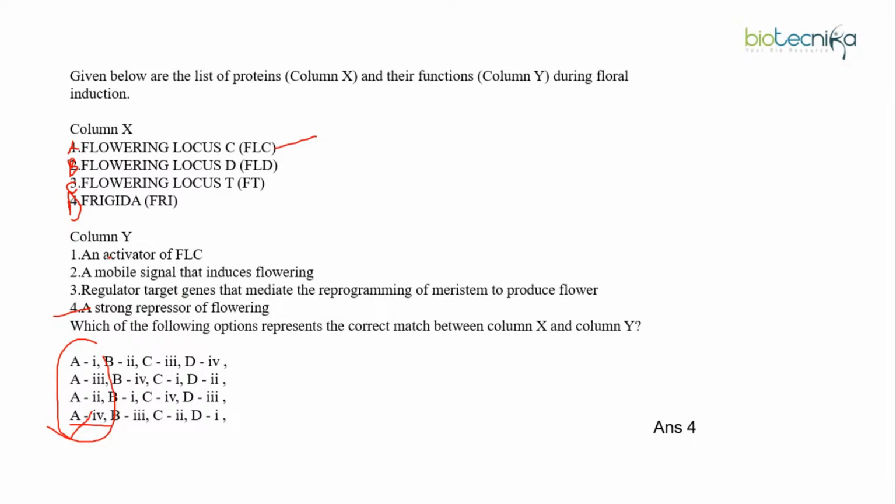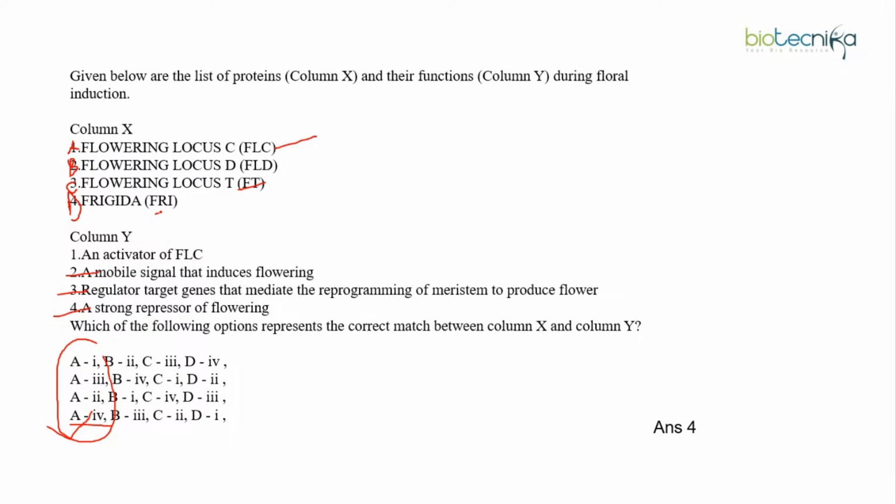Alright, so this is a repressor. Flowering locus D, this is regulator target genes that mediate reprogramming of meristem to produce flower. Flowering locus T, FT, this is a mobile signal that induces flowering.